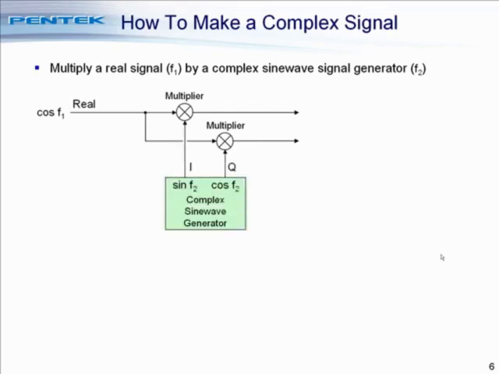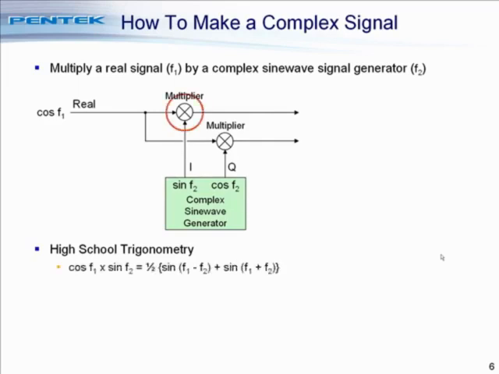We feed the lower inputs of each multiplier from the complex sine wave generator, first with the I component as the sine of the f2 frequency, and then the second multiplier with the Q component, or the cosine of the f2 frequency. Now if we go back to high school trigonometry, we have some trig identities.